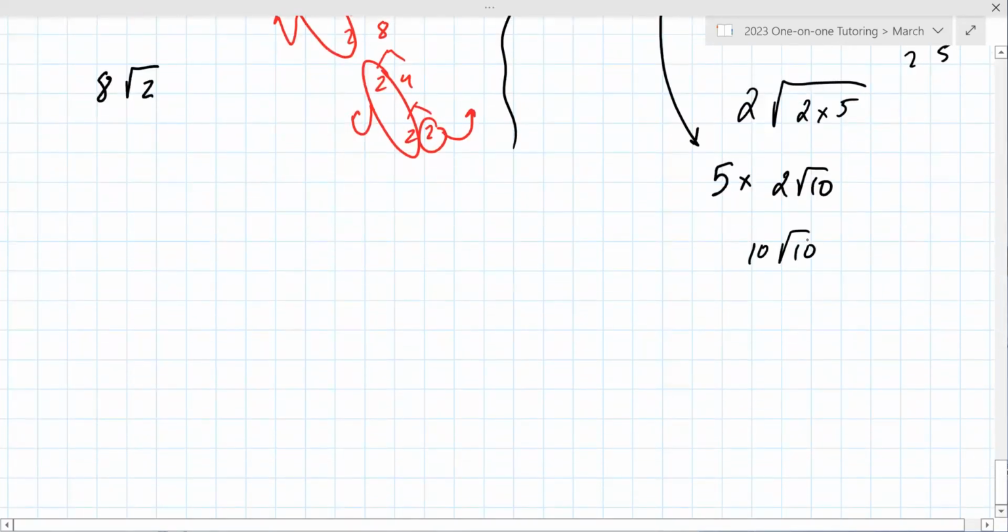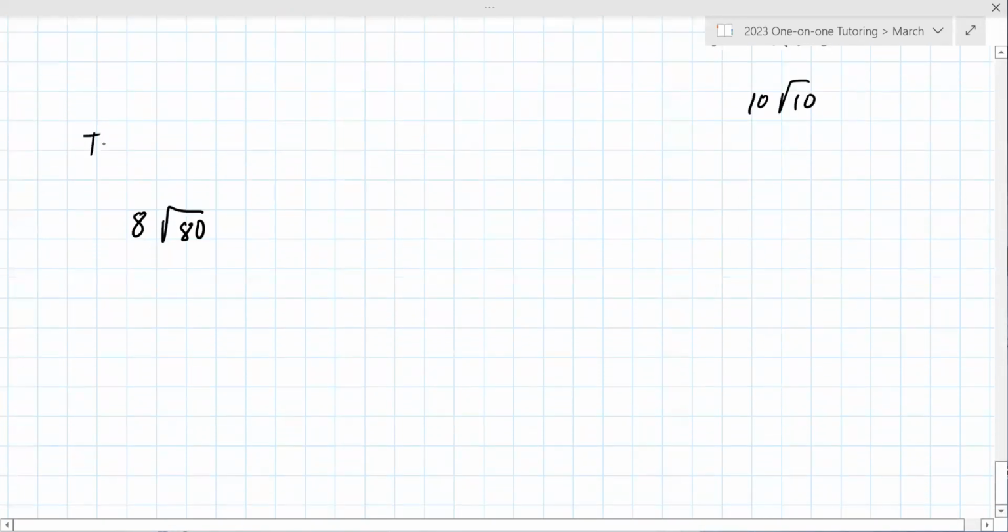All right, we're really close. I gotta have you do one more though to really get this down. So let me have you try this one: 8 square root of 80. Go ahead and try this one, please.